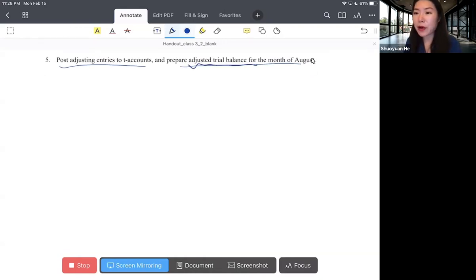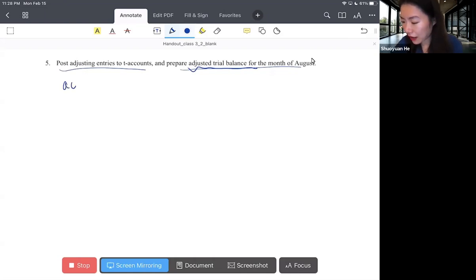So after posting those adjusting entries, some of the account balances need to be updated. So we have accounts, debit, and credit. So cash.